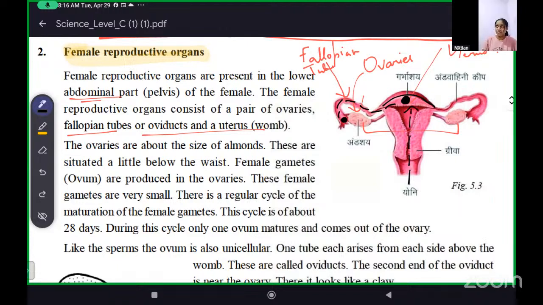But if there is no fusion, then what happens? Then this egg breaks down and comes out in the form of menstruation, also called periods, that girls have every month.